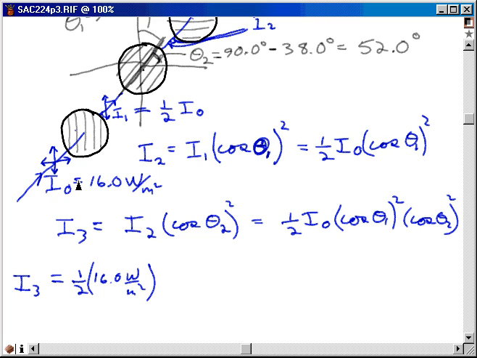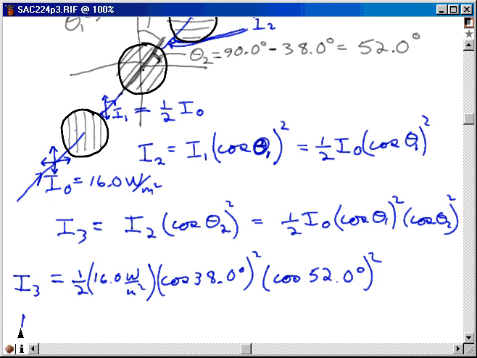Theta 1 is 38.0 degrees. And that does have to be squared. And then we got the cosine of theta 2. That's the 52 degrees. And that's also got to be squared.